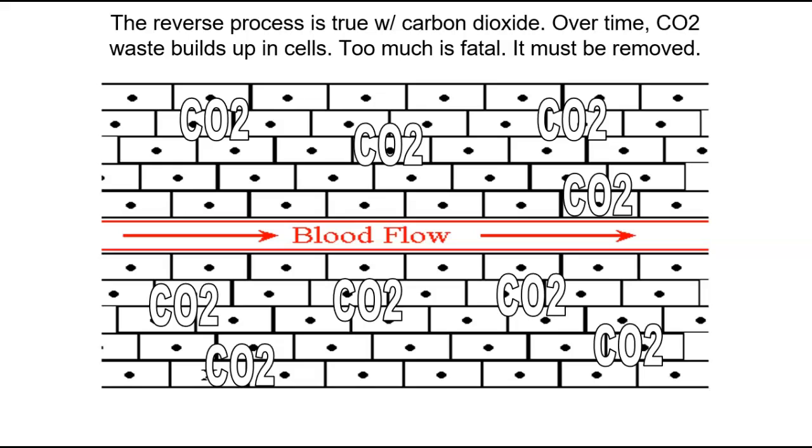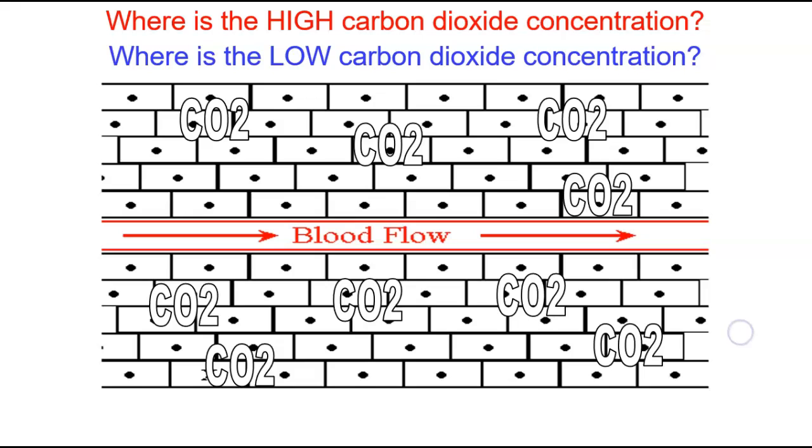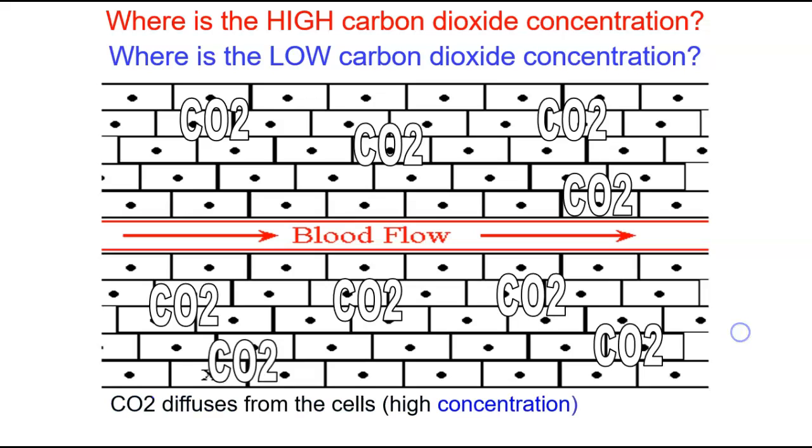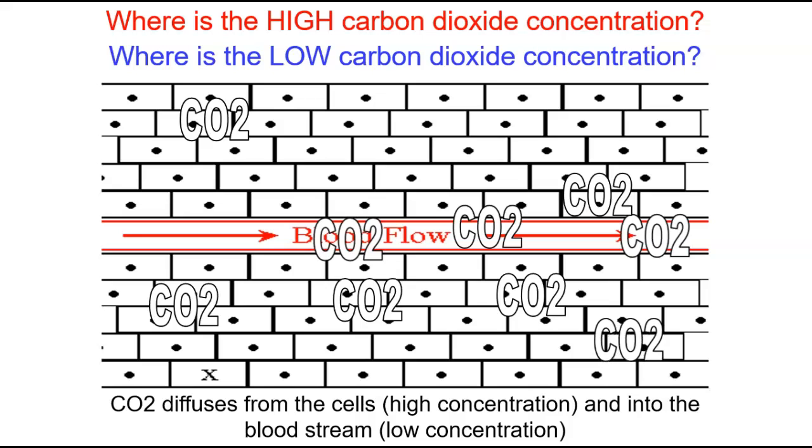And so right now there's a high concentration of CO2 in these cells, and they need to get rid of it. And it happens through diffusion. There's a high concentration of carbon dioxide in the cells, low concentration in the blood. So the carbon dioxide diffuses from cell to cell to cell till it gets to the blood vessel.